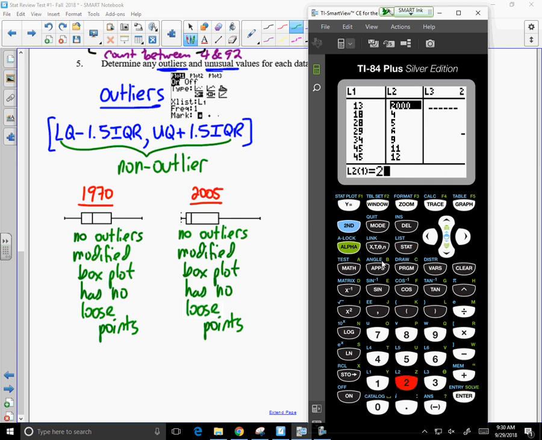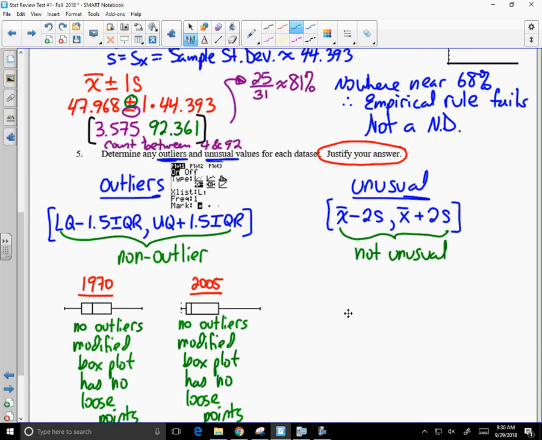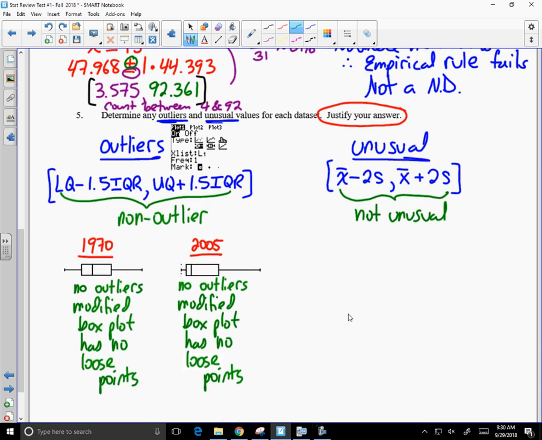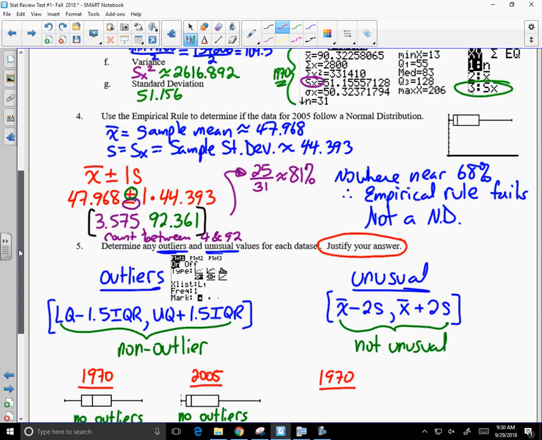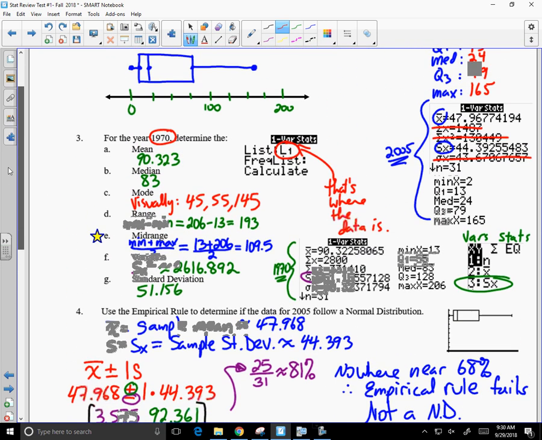Let me change it back and forth again. Okay, so for the unusuals, we just have to do the x bar plus or minus 2s, again for each year, so that's mildly entertaining. I need my information for 2005.